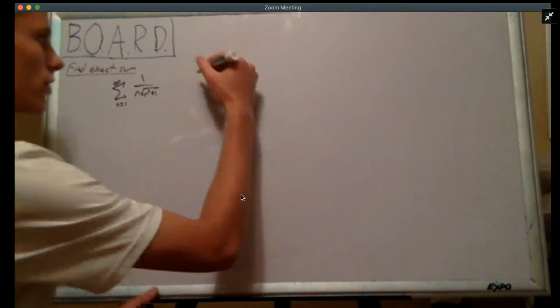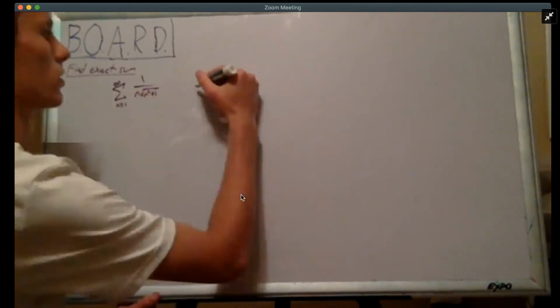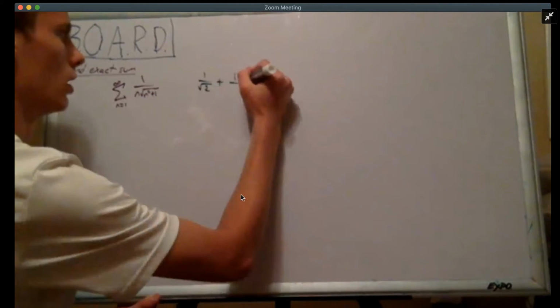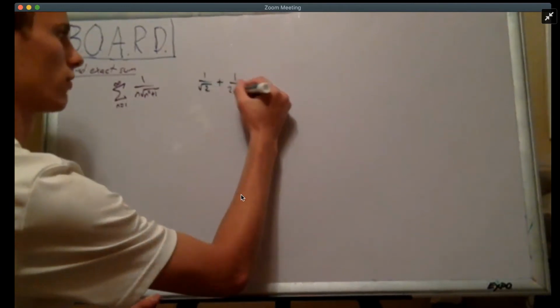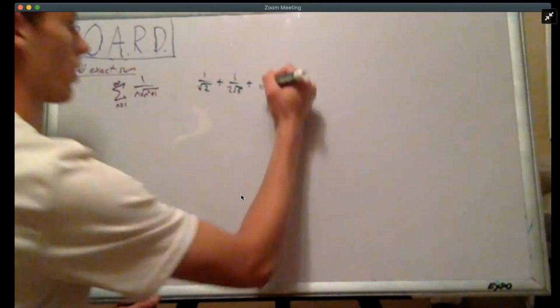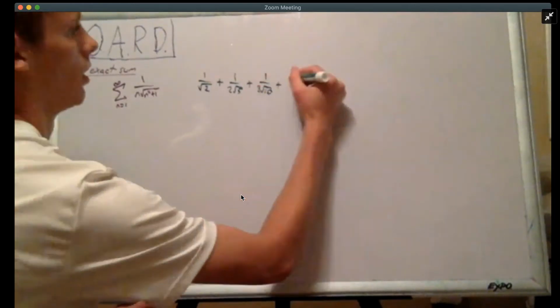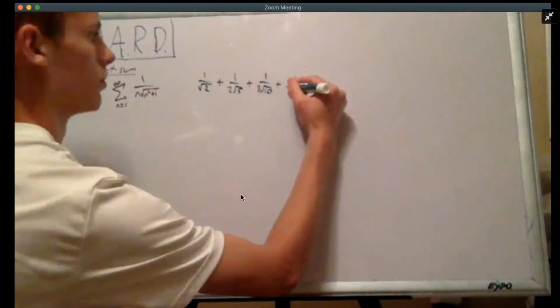So first term is 1 over, plug in 1 for both of those, and you get 1 over root 2. Second term is 1 over 2 root 5. Third term, 1 over 3 root 10. Fourth term, 1 over 4 root 17.